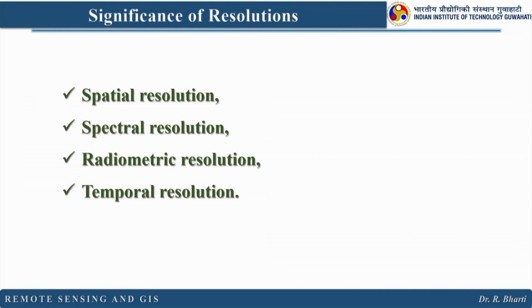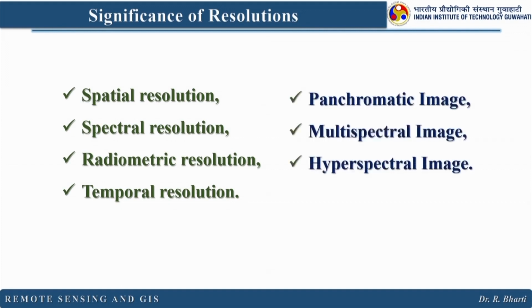So, as of now we have covered spatial resolution, spectral resolution, radiometric resolution and temporal resolution, and how they are important. We have also covered panchromatic, multispectral and hyperspectral data and how they are different from each other. Now the next one is sensor technology, how these images have been generated, right.